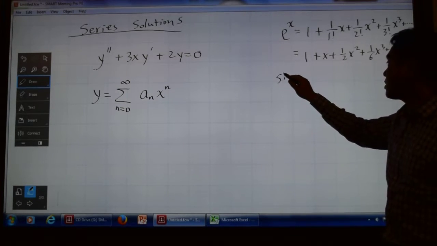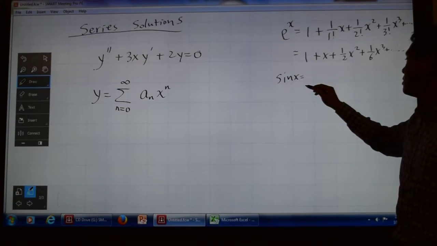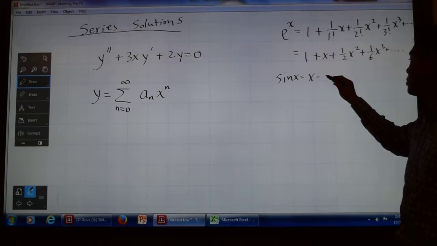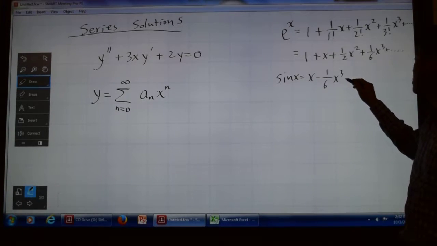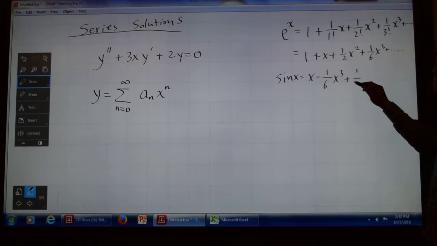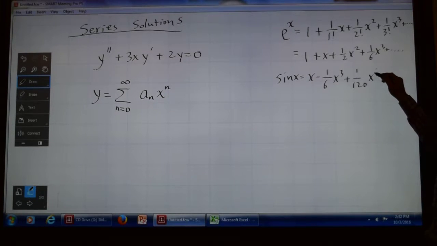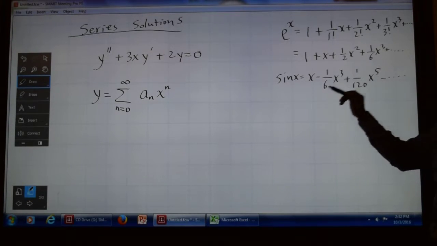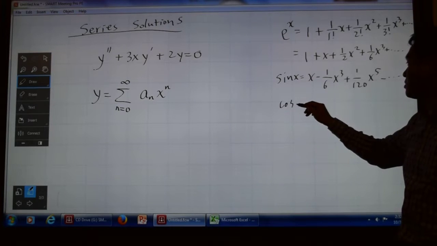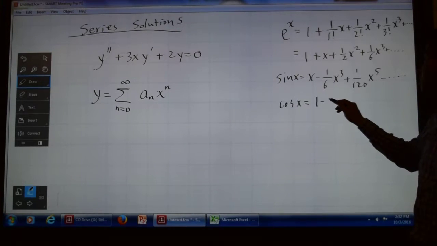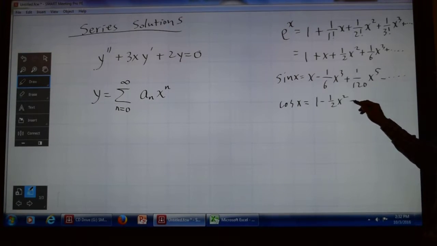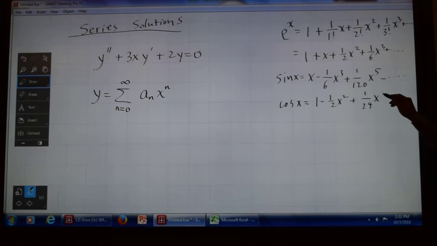And you also know that sine of x is x minus 1/6 x cubed plus 1 over 120 x to the fifth minus and so on. And cosine x is 1 minus 1 over 2 x squared plus 1 over 24 x to the fourth minus and so on.